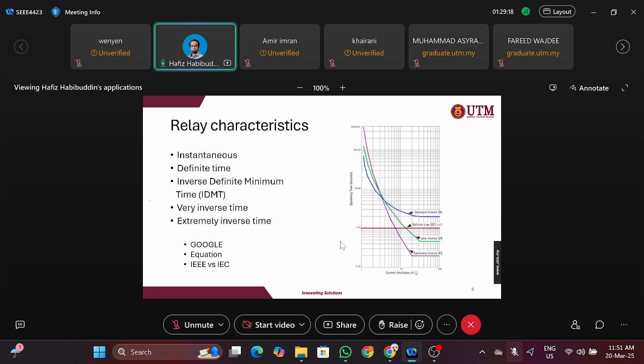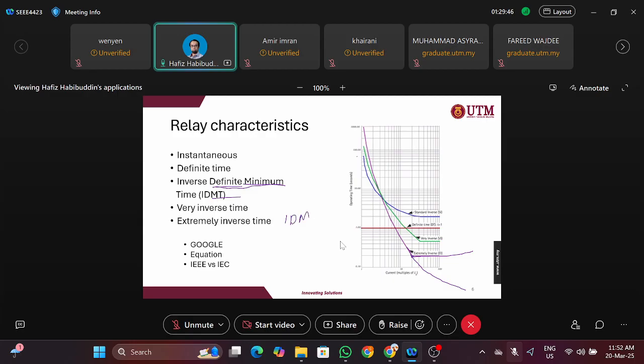Now, what is IDMT? We discussed about inverse characteristic, but this inverse characteristic is not continuous to whatever higher current. It has limit. Up to this point, it will not go any faster. It will stay at the definite minimum time. So that's why it's being called IDMT.